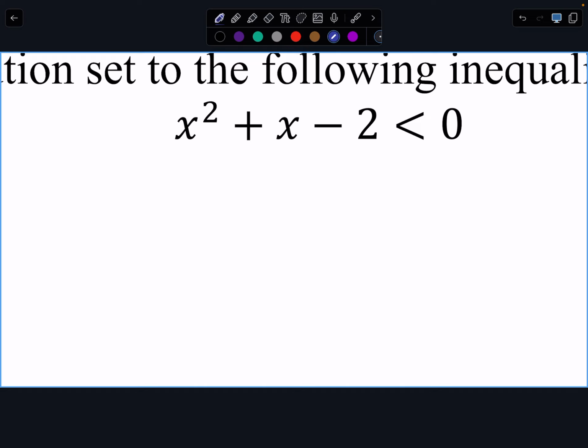If there's going to be a sign change, the sign change would occur at an x-intercept, which corresponds to the zero of the polynomial, or the x value that would make the y value equal to 0.